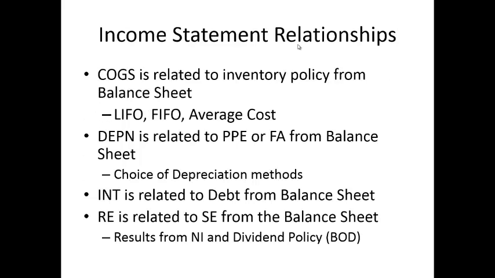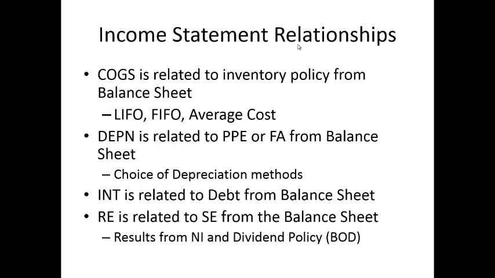So I want to point out some income statement relationships. First of all, cost of goods sold. Cost of goods sold tells me, what was the cost of making the products that we sold. Well, that relates to our inventory policy that was on the balance sheet.